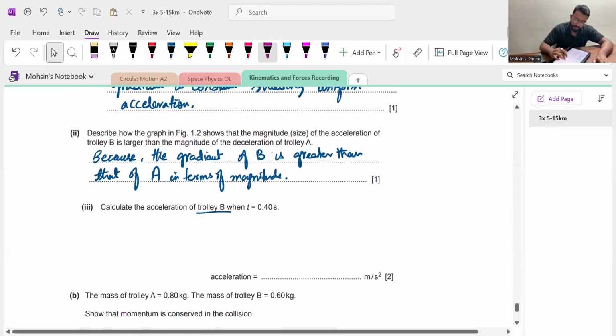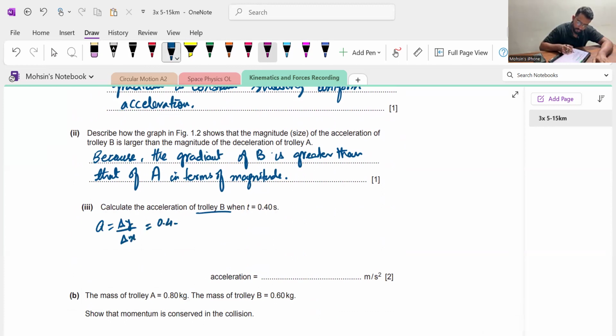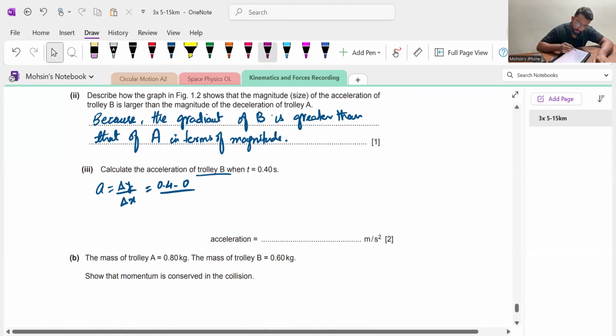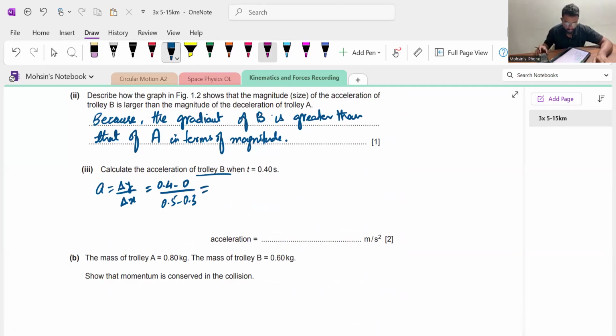So 0.4 minus 0 over 0.5 minus 0.3. I'm getting 2.0 meters per second squared in two significant figures.